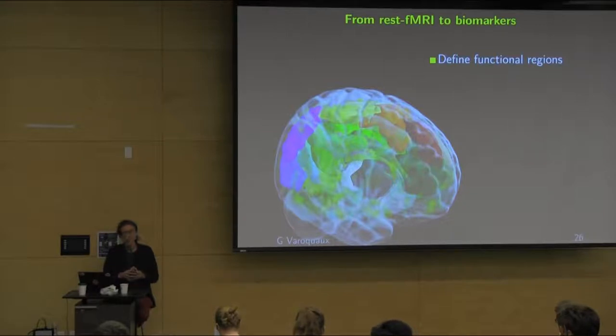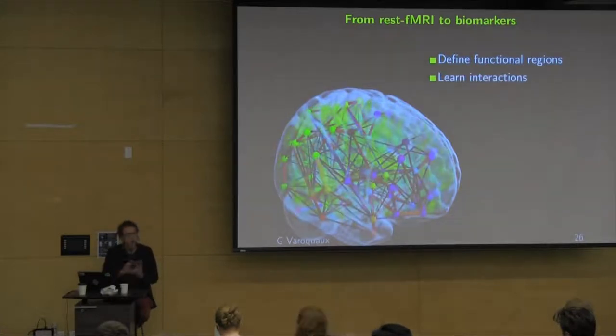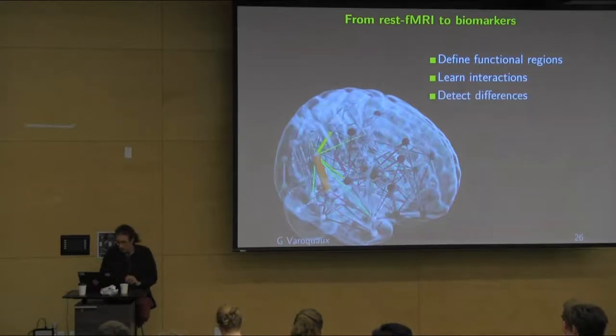First, you define regions. Now, it's better to define functional regions, but you can also define anatomical regions. Then you learn interactions between those regions, and we might call this a functional connectome, but it's basically something that captures interactions at rest across regions. And then you can detect differences across conditions or across subjects.